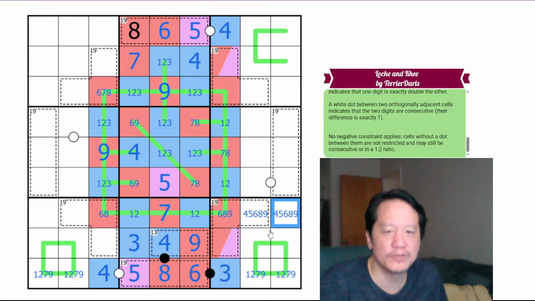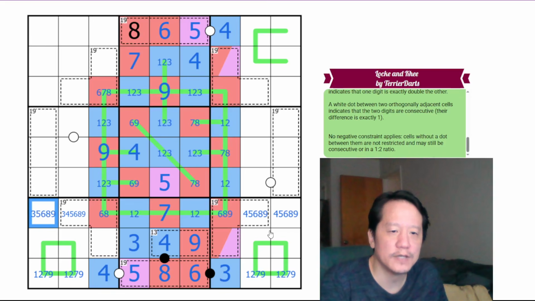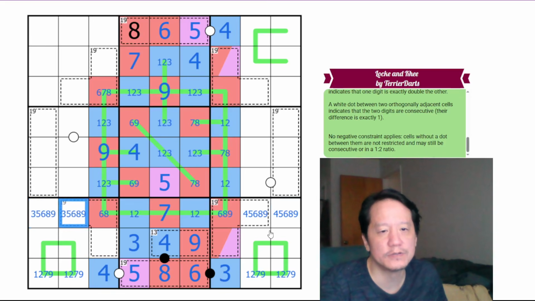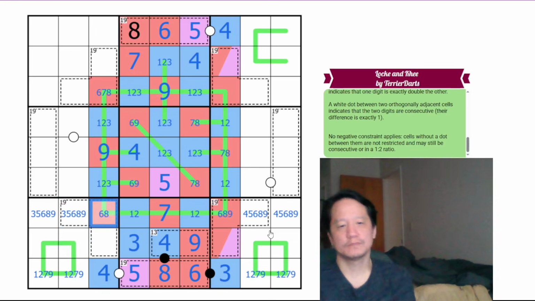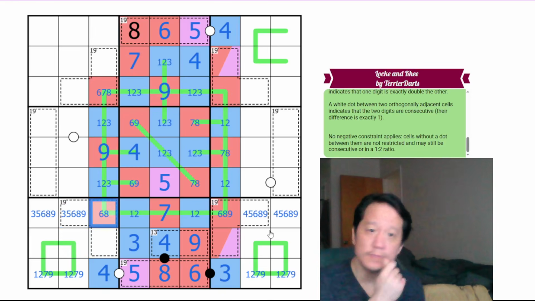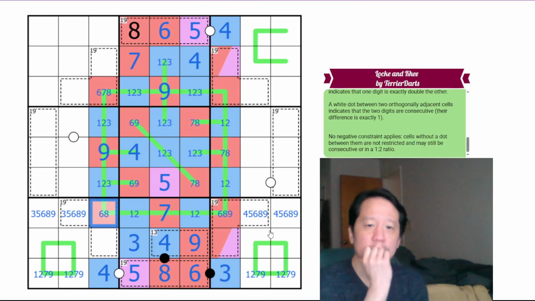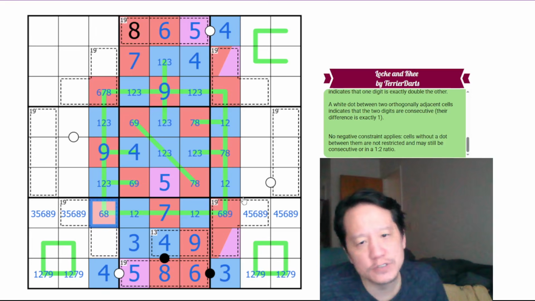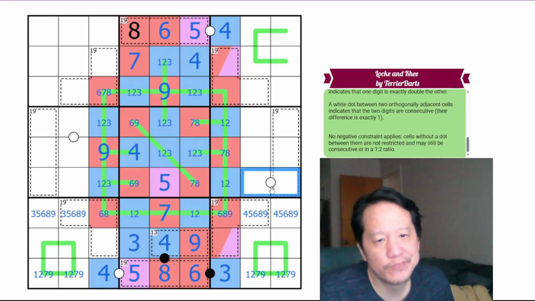And these can't be 3 here. And these can't be 4 here. Interesting. These digits are consecutive. But does that tell us anything?